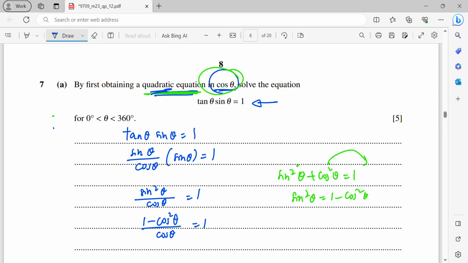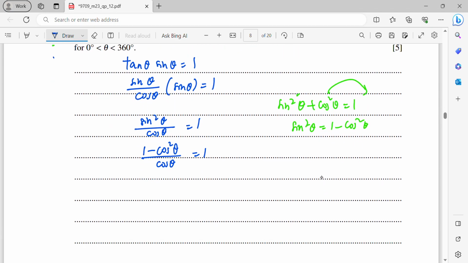In order to get a quadratic equation, you move the cos theta to the right side. So I will get 1 minus cos squared theta is cos theta. Then I will move all the terms to the right side because I want positive cos squared theta. So you will get cos squared theta plus cos theta, the 1 to the right side, minus 1.